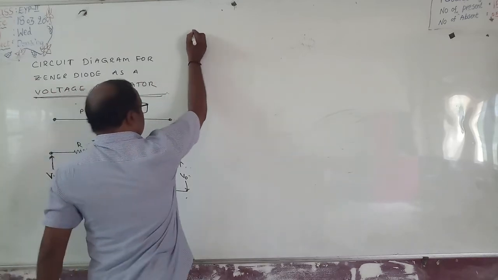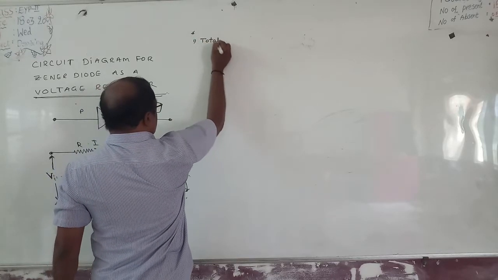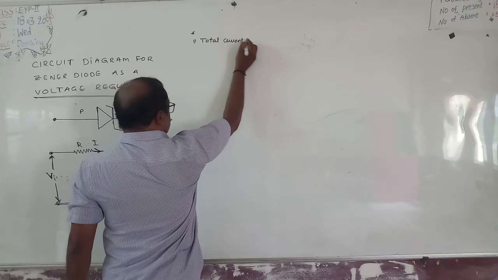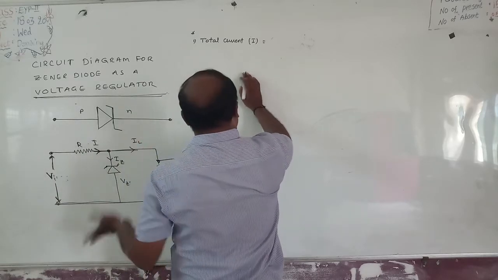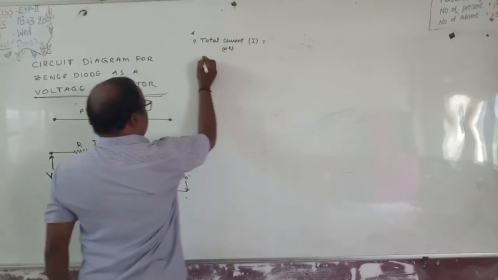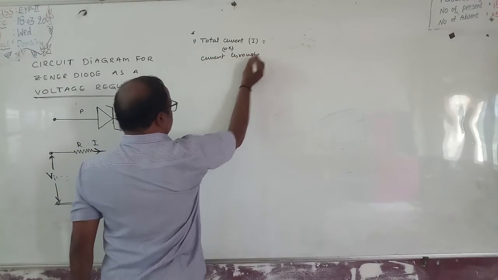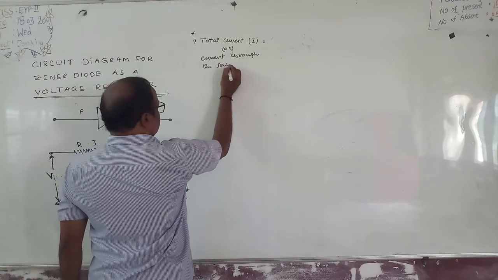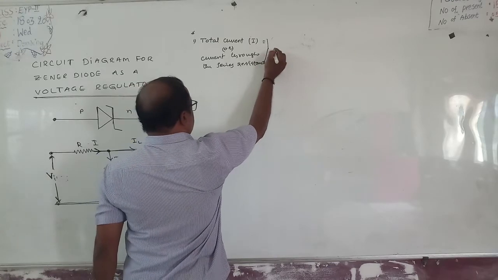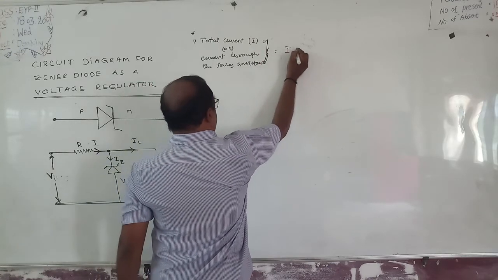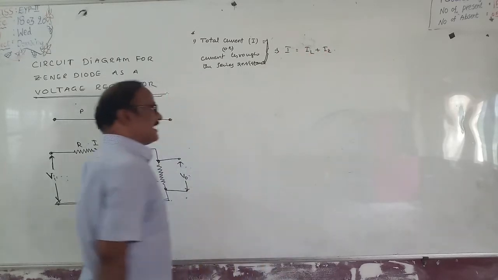Therefore, first point: the total current in the circuit I is equal to the current through the series resistance, which is I equal to IL plus IZ.